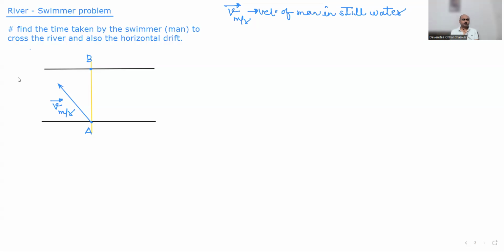Now, this velocity is pushed along this direction. This man is pushed by the river in this direction. So river is flowing with this velocity. This is velocity of river with respect to ground. Now these two velocities, when they are added, it seems that the man is moving in this direction. Velocity of man with respect to ground.